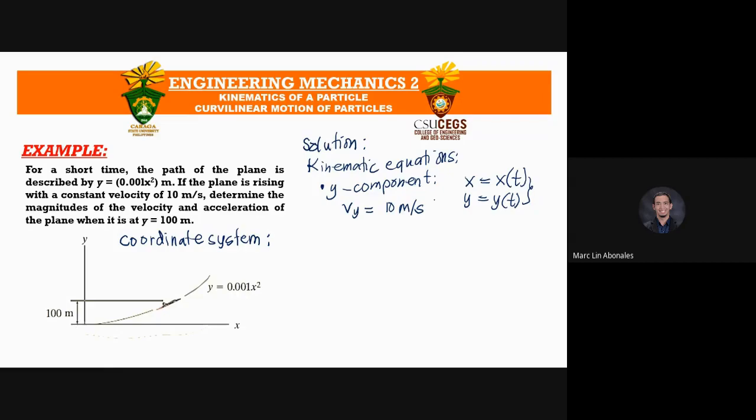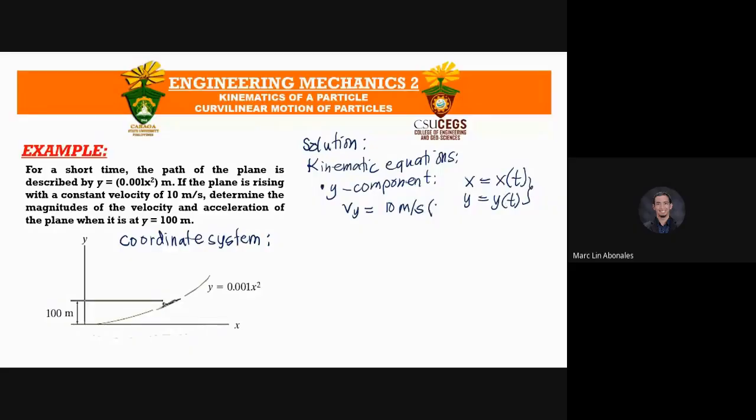So the Vy is a constant. And since it is rising, meaning positive. So positive y, positive Vy, so that is positive 10 meters per second. So Vy is equal to positive 10 meters per second.